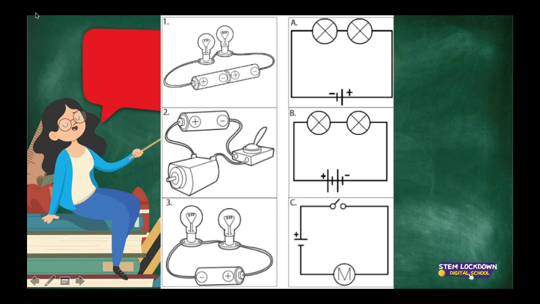A, B, or C? And number 3 has 2 light bulbs, a wire, and 1 battery with a negative charge on the left and a positive charge on the right. Which scientific drawing does it match to? A, B, or C? I'll give you a couple of seconds to answer.